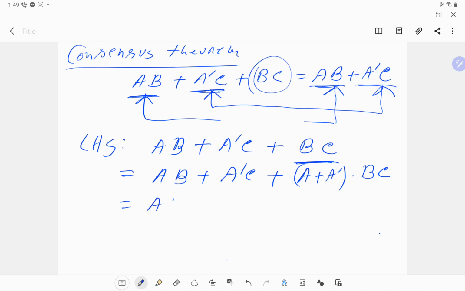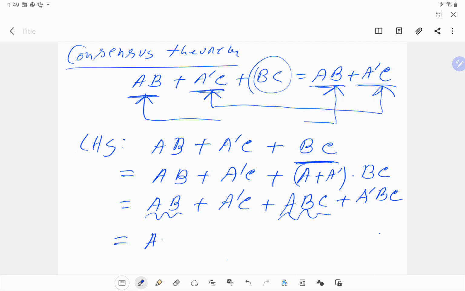Then AB plus A prime C plus, now we apply the distributive law, ABC plus A prime BC. Now consider these two, AB and ABC, and if we have AB, then we have 1 plus C. Let's consider that guy, A prime C and A prime BC.